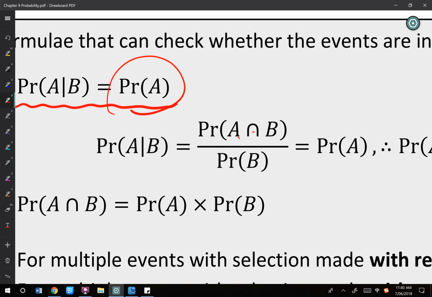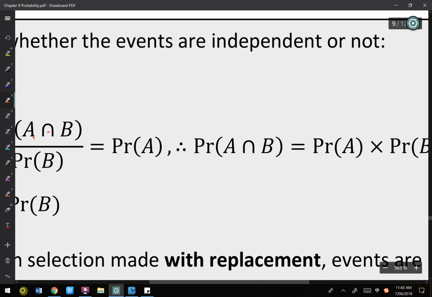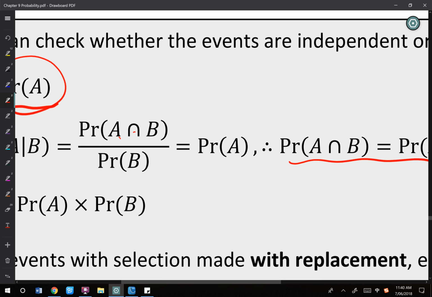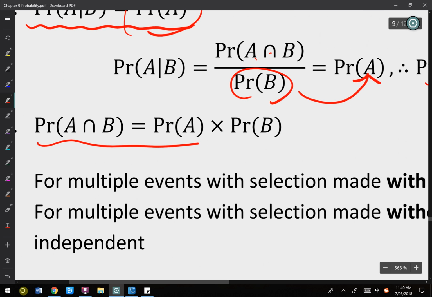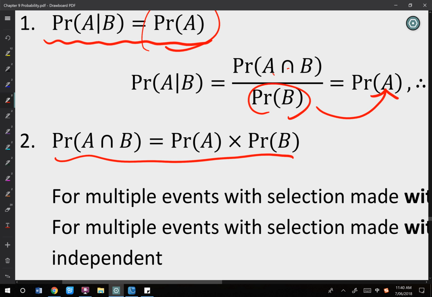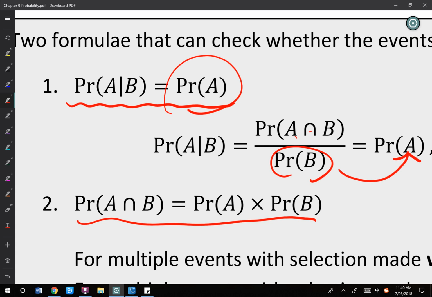Then you make that equal to the probability of A. So we have created the second formula: the probability of A intersect B equals the probability of A times the probability of B, because you transfer that to the other side. If the first one is true, the second one must be true as well, because it comes from the same formula.